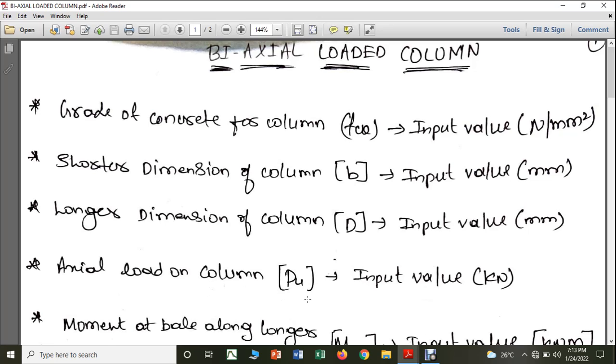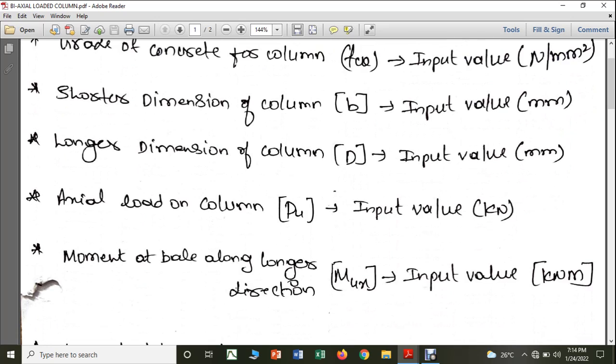As I already told you, since it is a biaxial loaded column, along with the axial load you will be having two more moments, the moments at the base. Along the longer direction I can take MUX, or I can take MUY, nothing wrong. It is all left to us how we are going to take. If you are taking the longer direction as MUX, then you take the shorter direction as MUY, or vice versa.